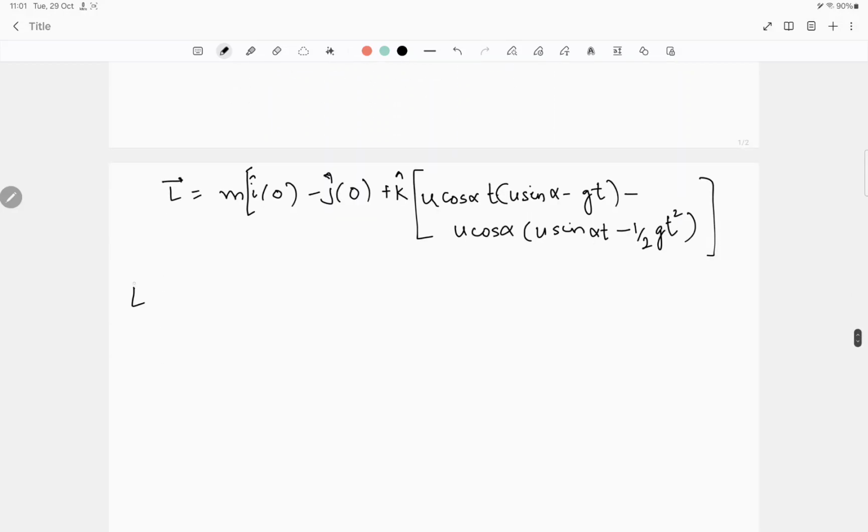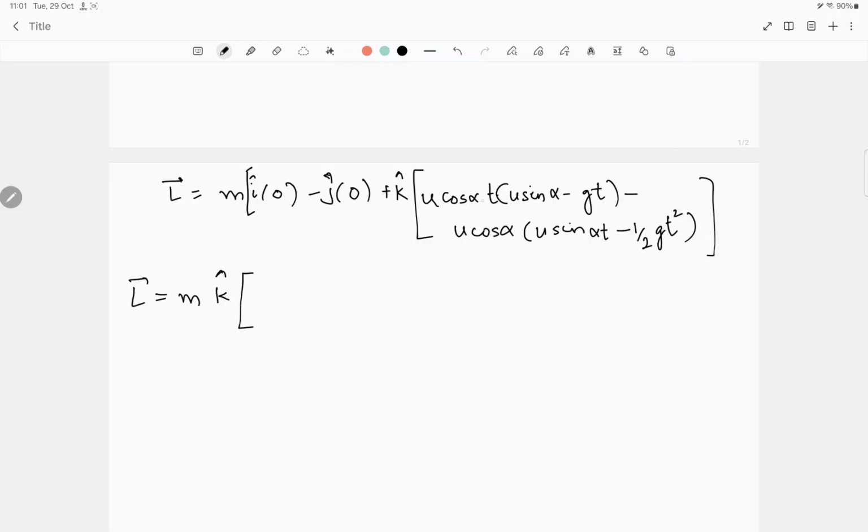So L is equal to, first we'll write m into k cap into, let's solve this.